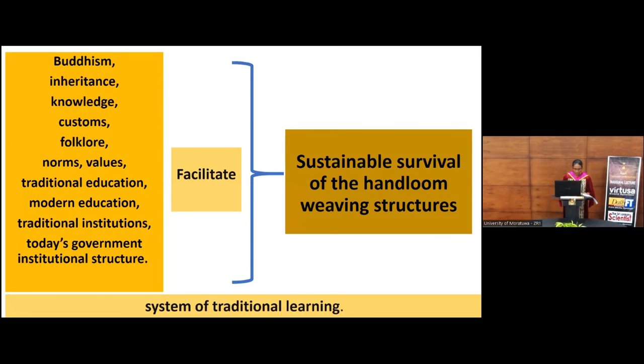Buddhism, inheritance, knowledge, custom, folklore, norms, values, traditional education, modern education, traditional institutions, and today's government institutions, all these structures facilitate sustainable survival of the handloom weaving structure. Past and present are tied with one knot, which is the system of traditional learning.